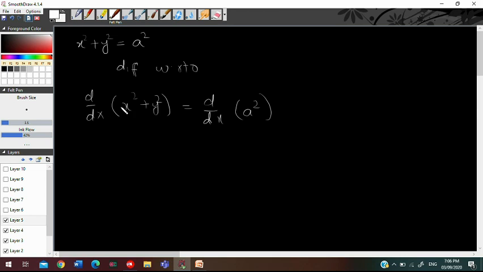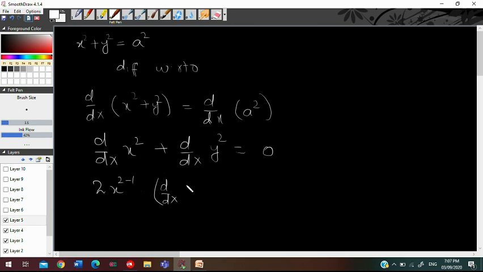Now here we have two terms, so we apply derivation separately. We know that a square is a constant, so its derivation is 0. Now here we use the power rule, 2x to the power 2 minus 1, and then d by dx of x, plus 2y, and again 2 minus 1, and d by dx of y.